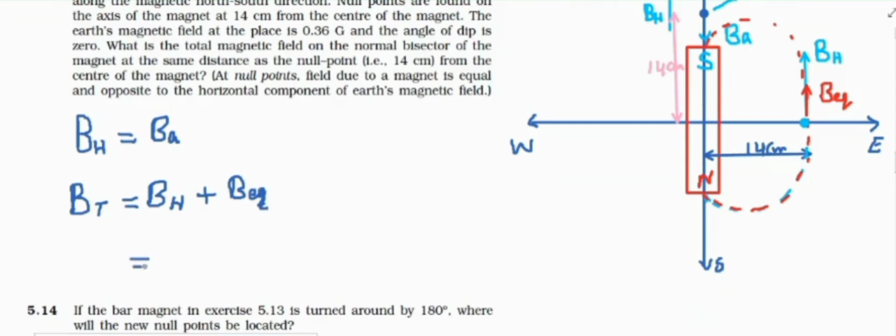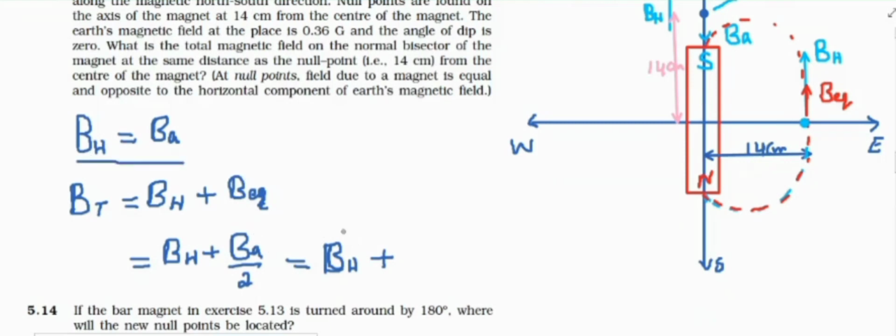Now that is equal to BH plus B equatorial, which is B axial by 2. That is equal to BH plus B axial by 2, and B axial we got already.